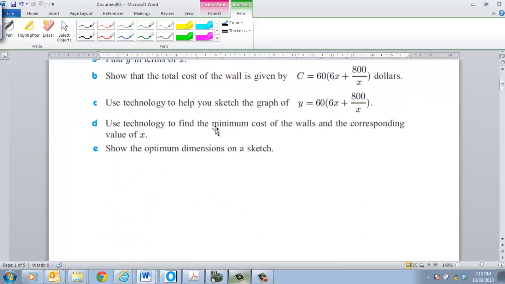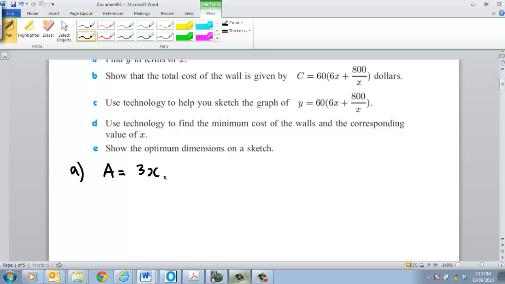So we'll start with doing part A. Again, as I said before, with these questions you just work your way through each part and it takes you through what you've got to do. So we know the area is equal to 3 lots of x times y, and we know that's equal to 600 because it tells us in the question.